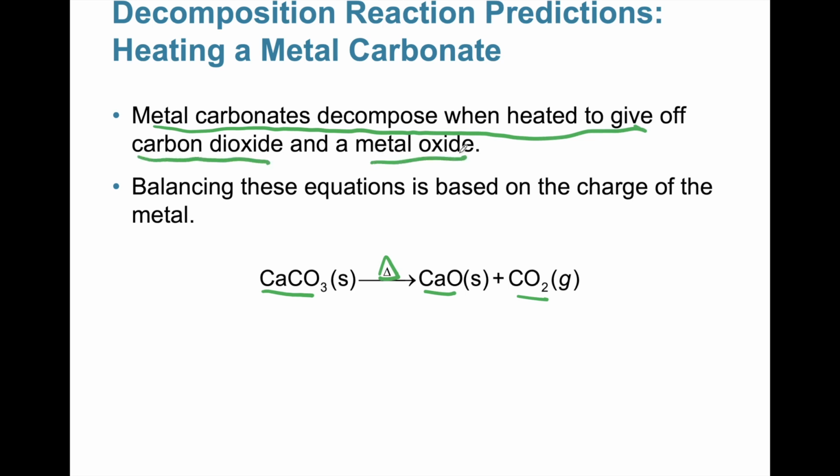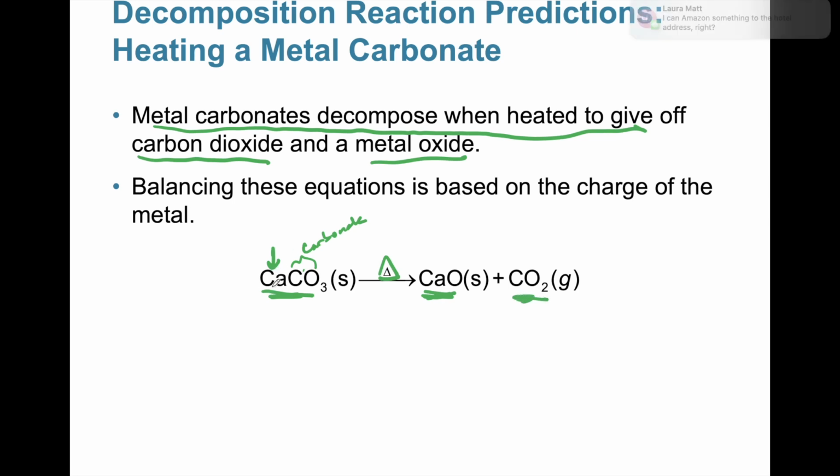That's always true. Whenever you have a metal carbonate, the metal here is the calcium, and this is the carbonate part right here. It will always give you a metal oxide and CO2, or carbon dioxide.